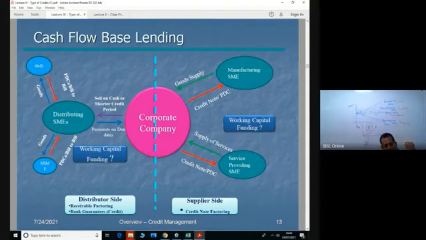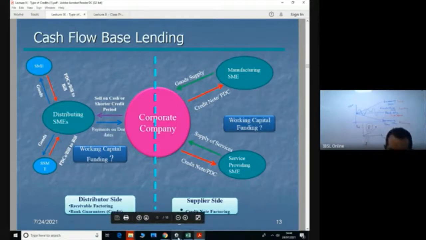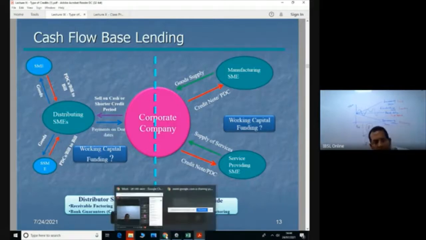Therefore, taking hold of the GRN and the agreement to send money to your bank account, we can lend to this customer. That is called supplier finance, the supplier side of the channel finance.